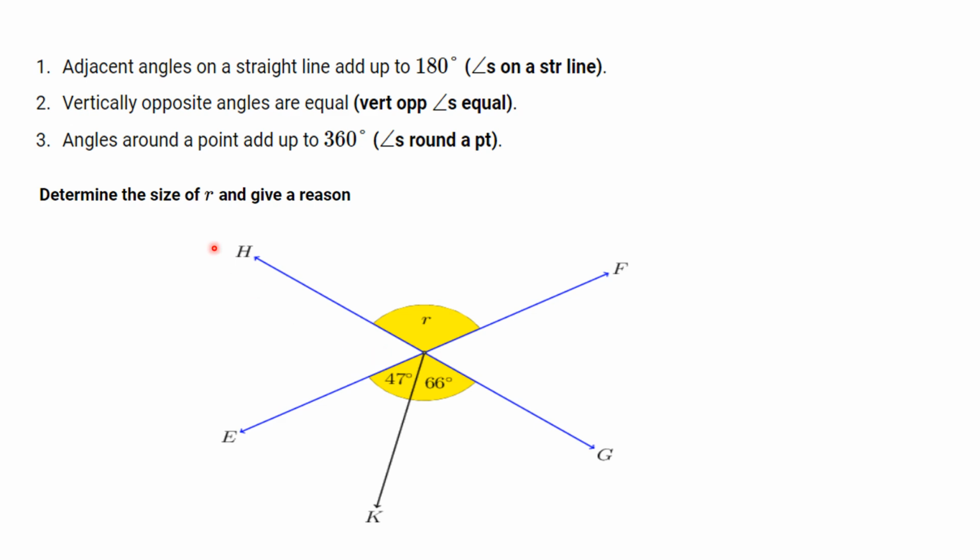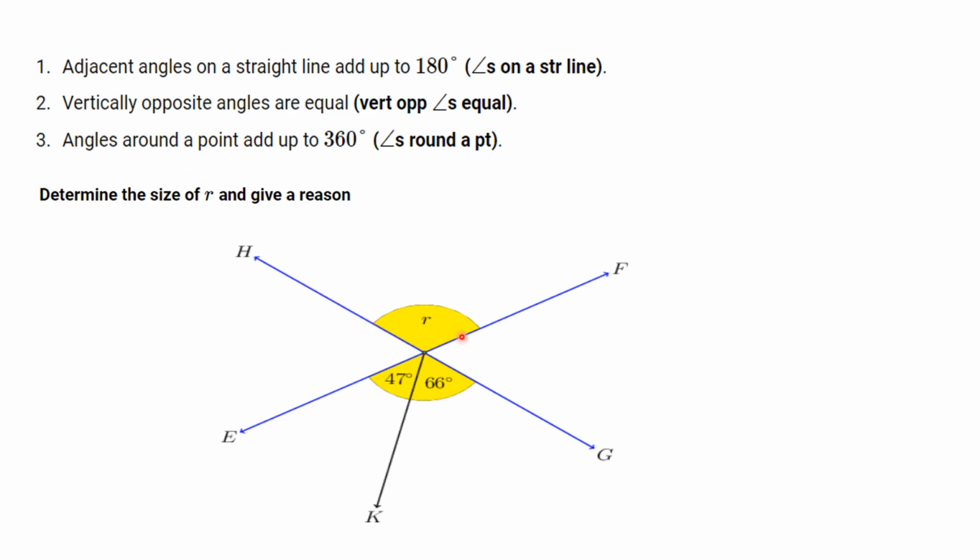So now, when you look at the figure again, that line HG and EF intersect at a common point. So they will form vertically opposite angles, and in this case, R equals the sum of 47 and 66, and we call them vertically opposite angles.